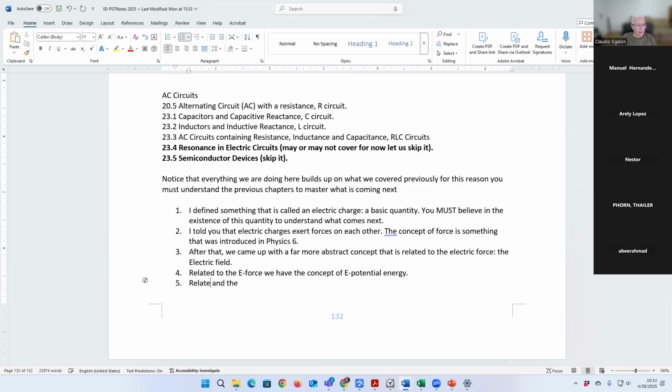Likewise, related to the electric field, we have the concept of the electric potential. Electric potential energy, electric potential.